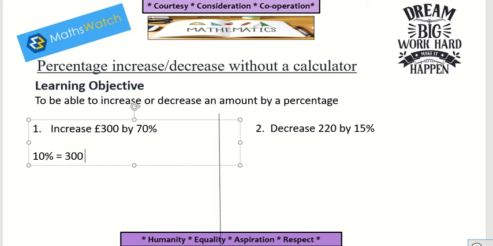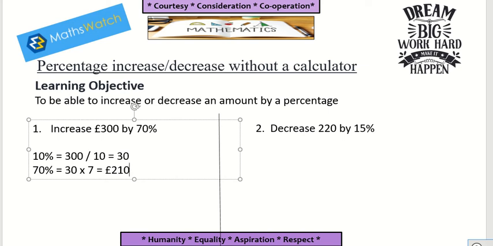So 300 divided by 10 equals 30. So 10% is 30. So if 10% is 30, for 70%, all I need to do is multiply by 7. So 30 times 7 will be 210. Okay. So 70% of £300 is £210.